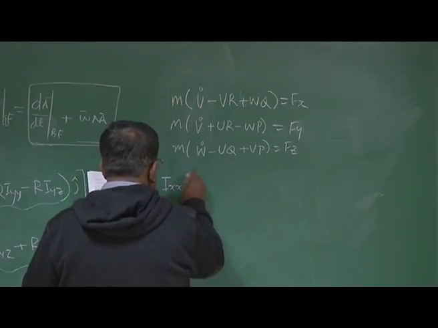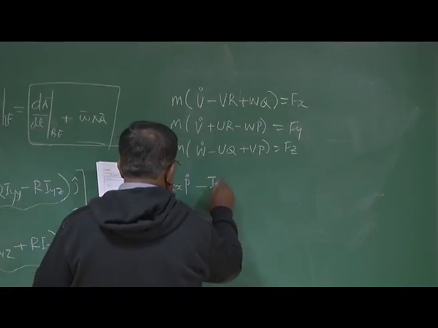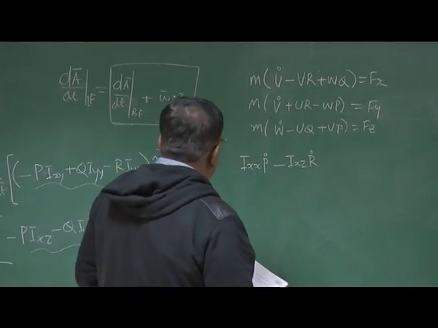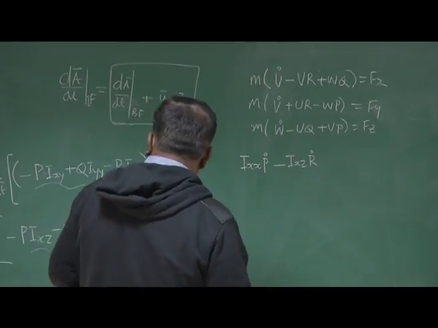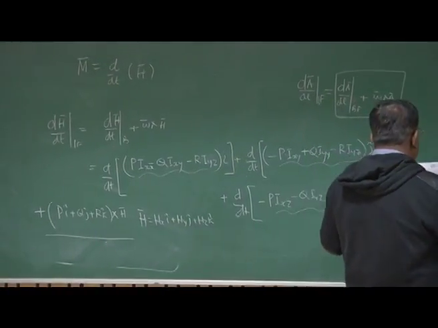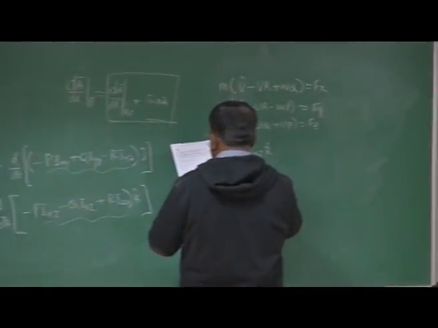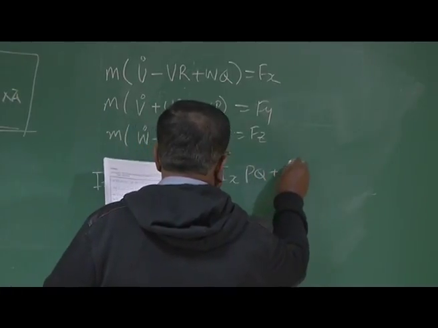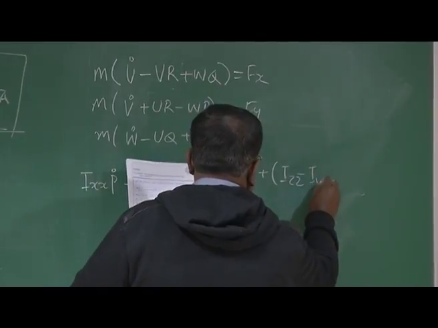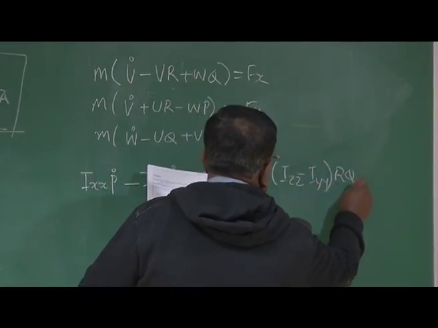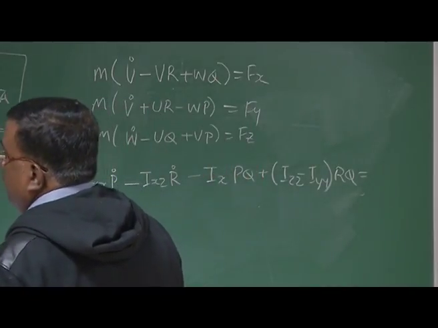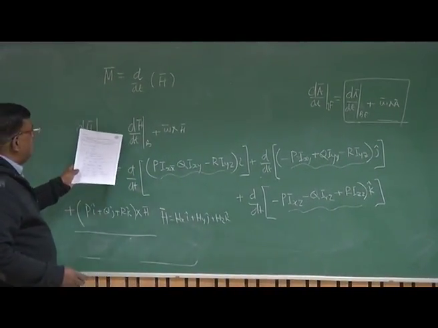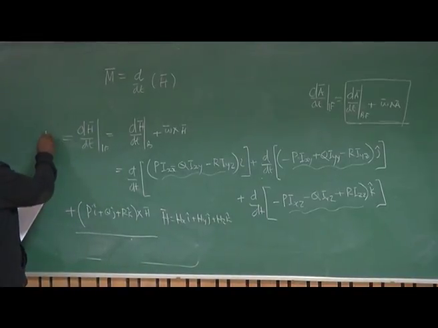Ixx p dot minus ixz r dot. So we have seen this fx, fy, fz came from one set of equation, and when you do this whole operation, you will get equation like this: ixx p dot, let me write this, ixz r dot minus ixz pq plus izz minus iyy rq, and that will be equal to the component of moment, because remember, this is the rate of change of angular momentum, and that is equal to the moment, okay?